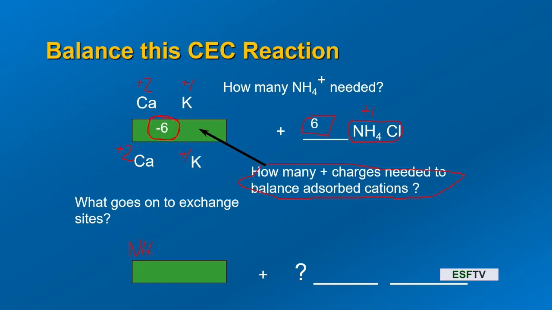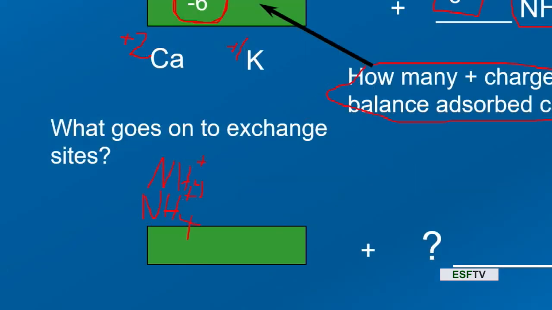There's one of them. Okay, that takes care of one of the calciums. But calcium is +2, I got +1, so I need another one. Bam. Now I've taken care of this spot here.